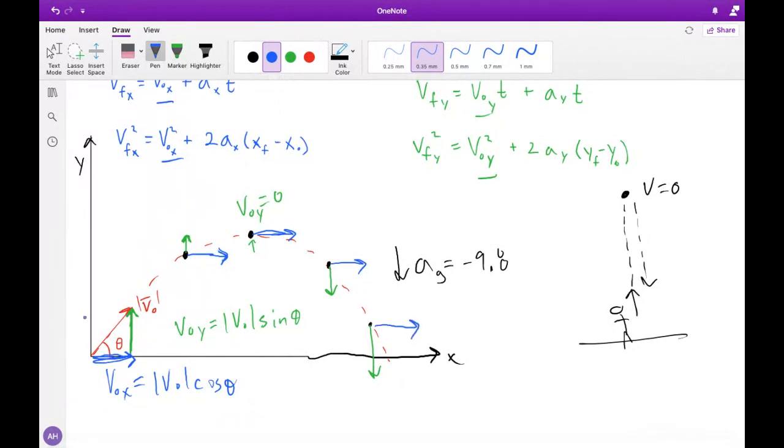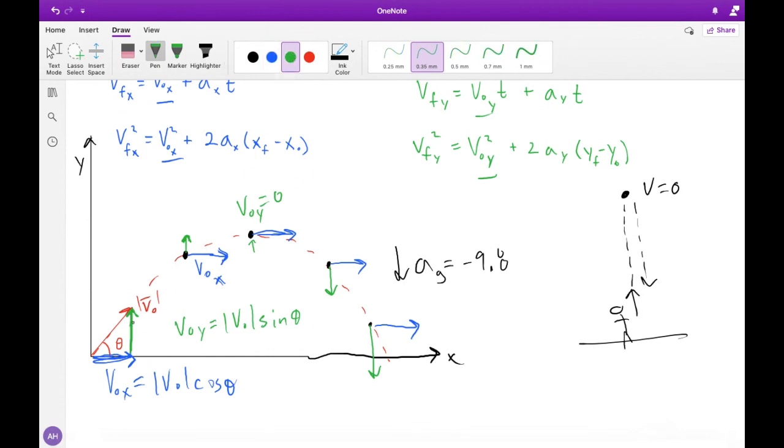So the last thing I'll say is just notice how on each one of these points on the projectile's path, the velocity in the x direction, which is this blue arrow, is actually going to stay constant throughout the whole path, whereas the vertical velocity, this green arrow, is going to be changing.